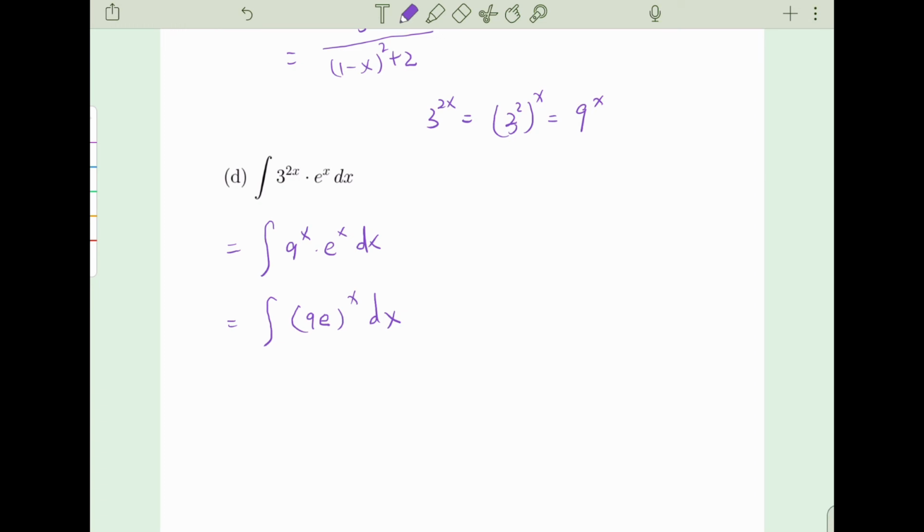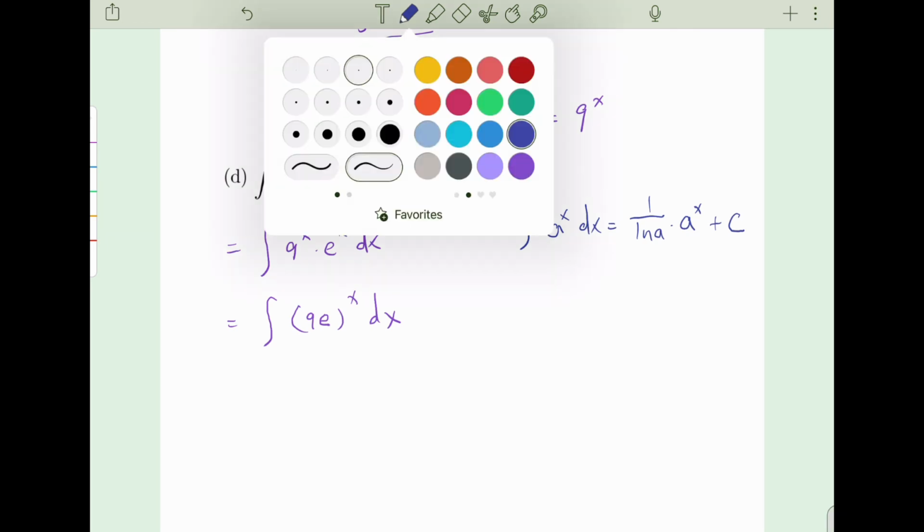Okay, so that is the exponential function, and we know what the formula is for the antiderivative of the exponential function. It goes like this: 1 over ln a times a to the x plus c. We can always take the derivative to verify this answer.